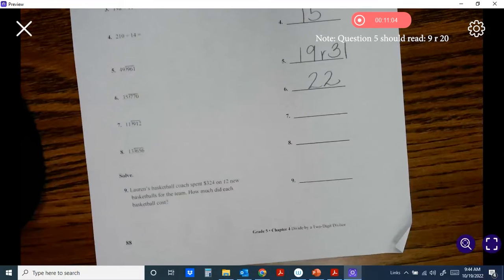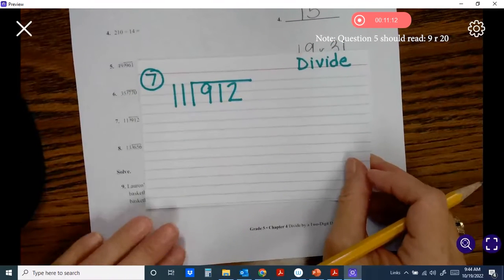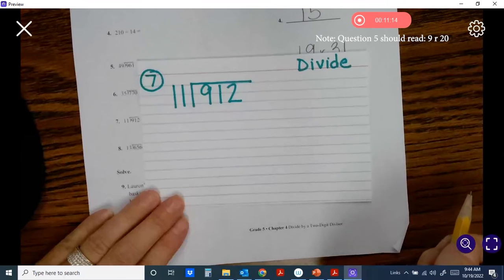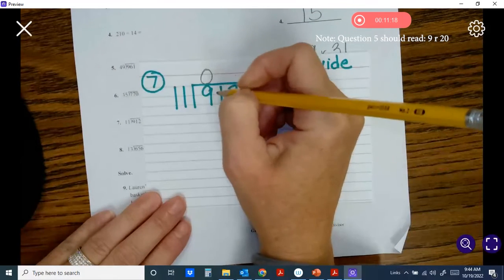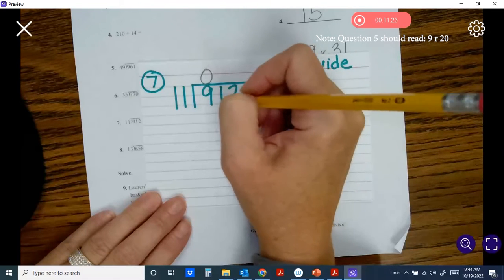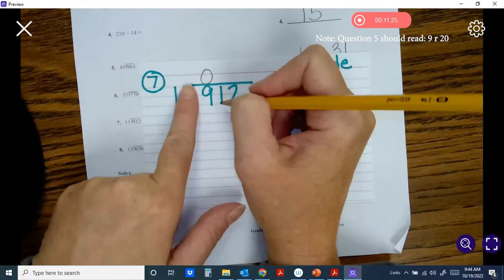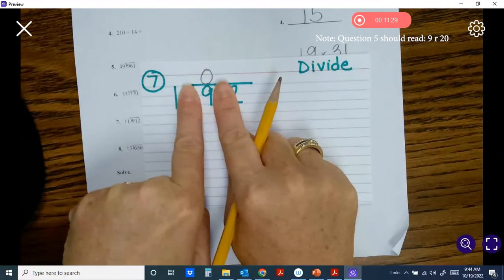All right, next question, number 7. We have 912 divided by 11. 11 cannot divide 9, but it can divide 91. So I cover up these numbers. 1 can go into 9 9 times.